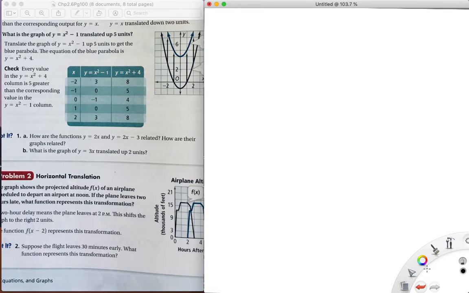It says, how are functions 2x and 2x minus 3 related? And how are their graphs related? Well, for 1a, this is a vertical translation and it's going to go down.